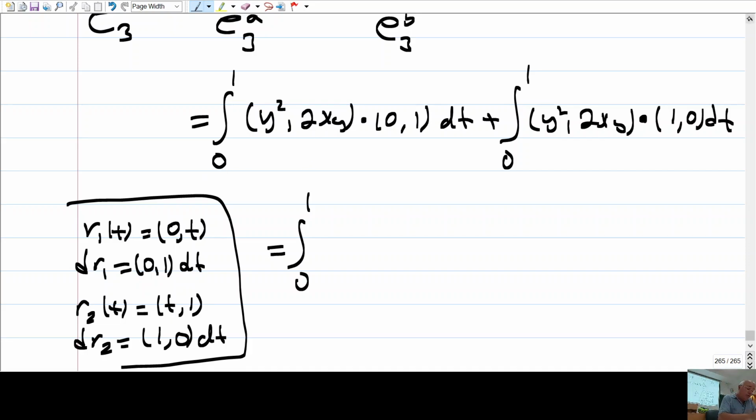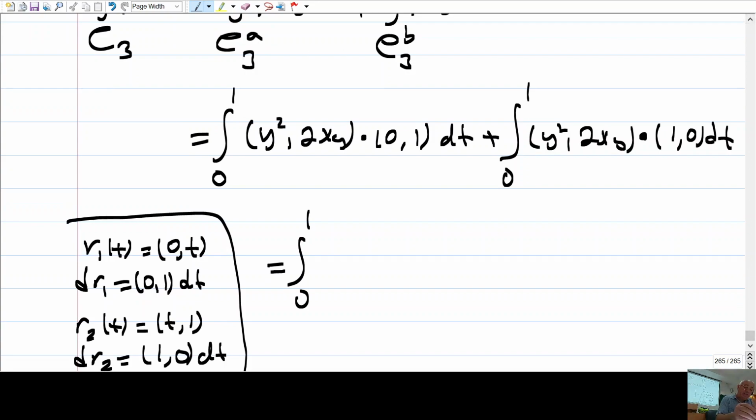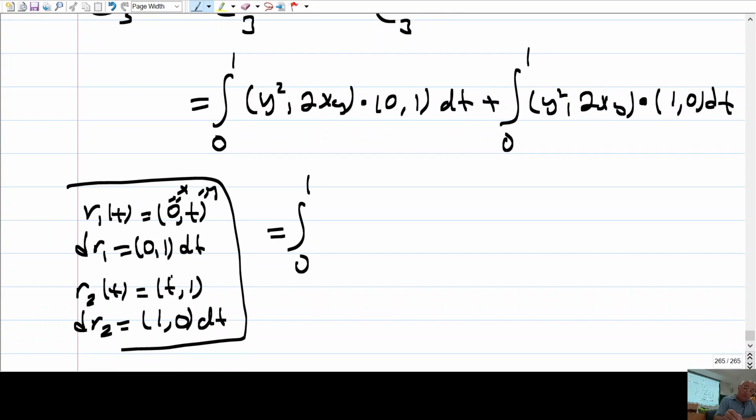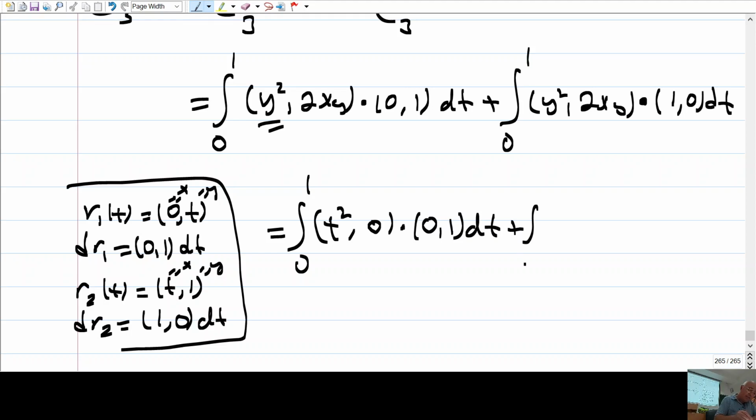For C3A, this is the x coordinate, this is the y coordinate, and for the second curve, likewise. So here, the y coordinate is just t, so this is t squared, and then 2xy, which is just 0 because x is 0, dot product (0, 1) dt, plus here y squared.